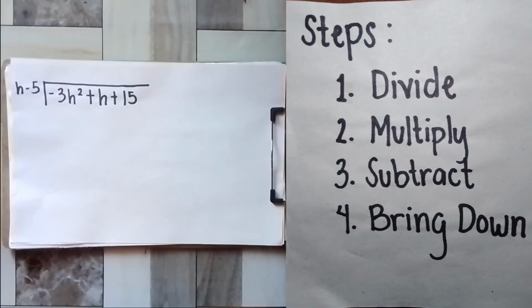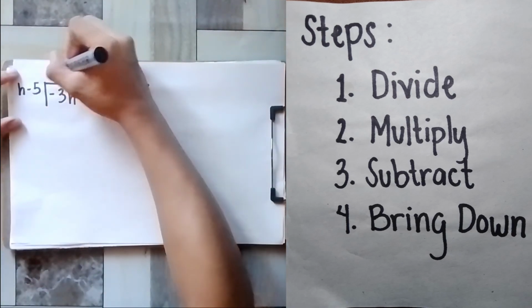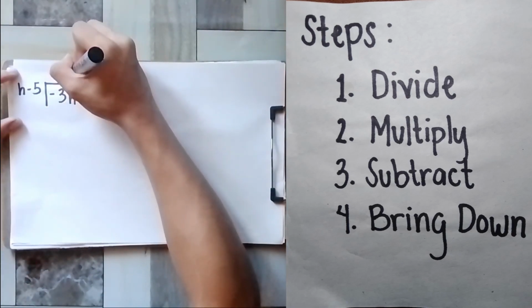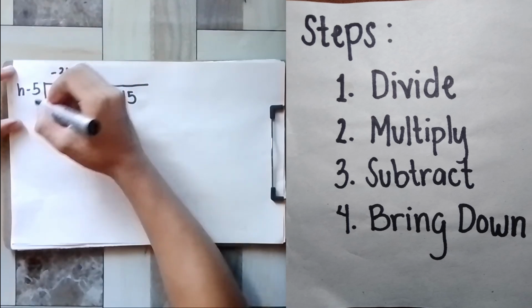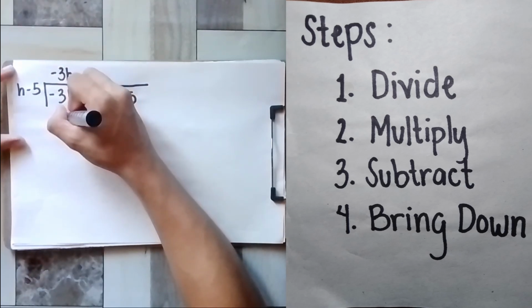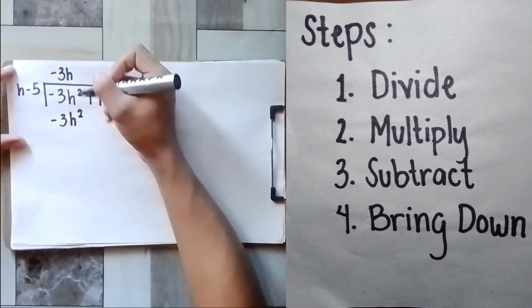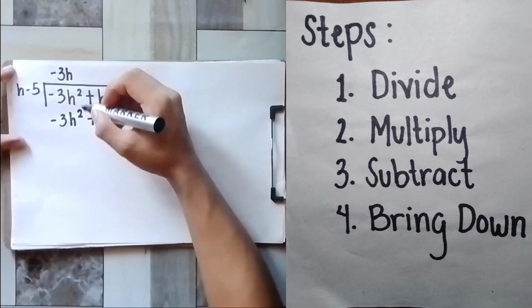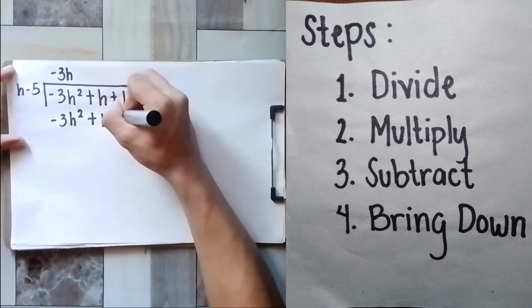To further understand how to divide polynomials using the long division method, let's have more examples. The second example illustrated that our divisor is h minus 5 and our dividend is negative 3h squared plus h plus 15. The first step is to divide our dividend by our divisor. We have negative 3h as our coefficient. Next, multiply our coefficient by our divisor: negative 3h times h and negative 3h times negative 5.